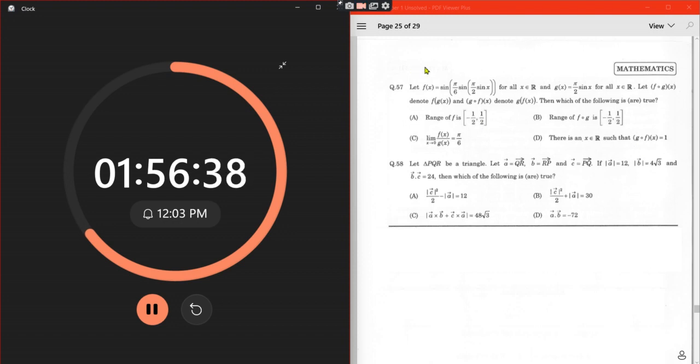Yeah, I guess this. Wait. Sine of pi upon 6. G of x. Okay, it's like sine of whatever comes inside. So something goes from negative 1 upon 2 to 1 upon 2, and then its sine. Pi upon, okay, interesting. How much will pi upon 2 be? Just 1.7 something. How much will pi upon 3 be?